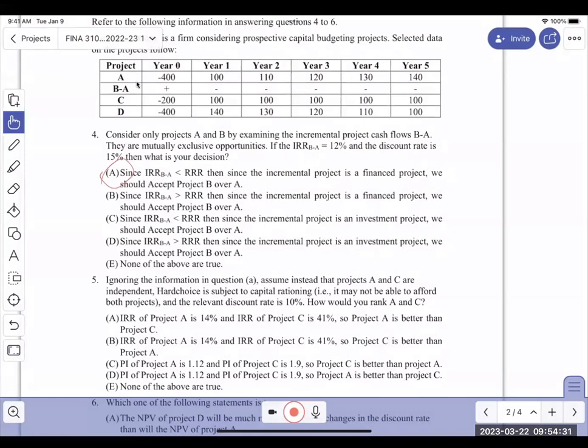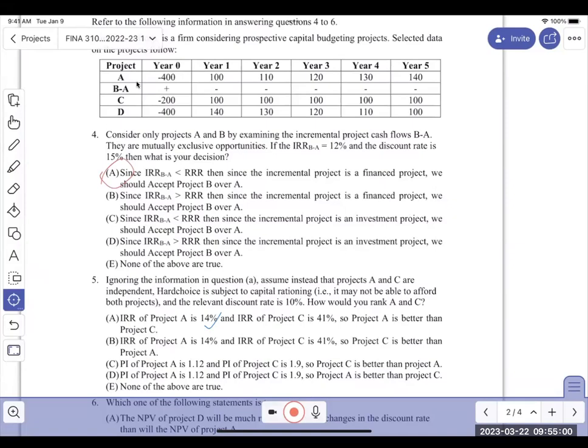While we're here, let's get the PI of A. And the way that we do that is, let's say this is correct so far.